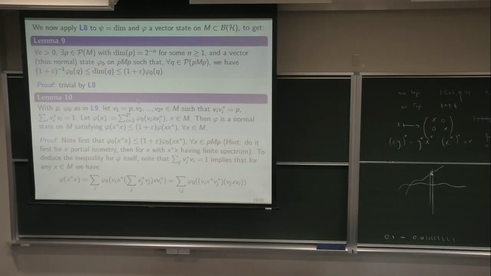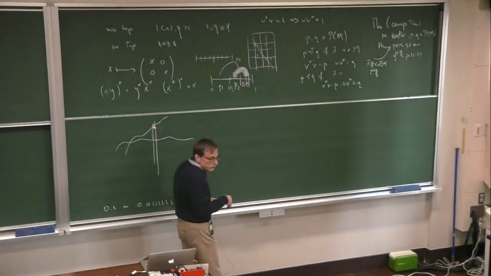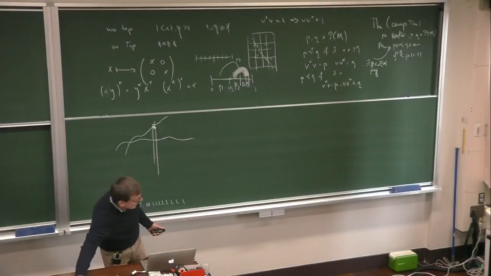Now you can clearly extend the dimension function to positive elements. We will see that by writing any positive element as its dyadic decomposition. If you have a positive operator, I hope all of you know this trick. You can decompose it uniquely like this.